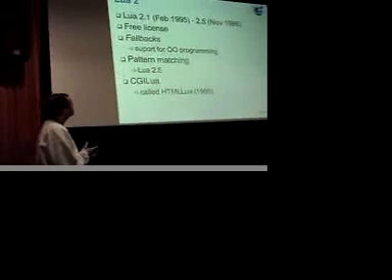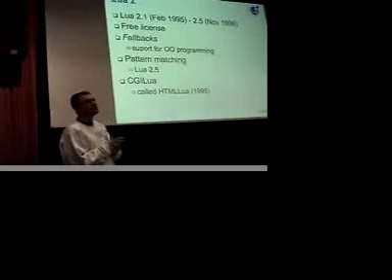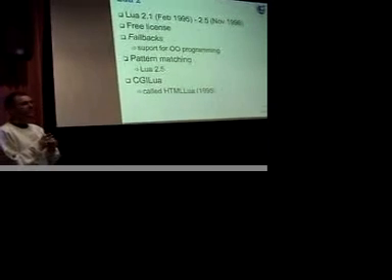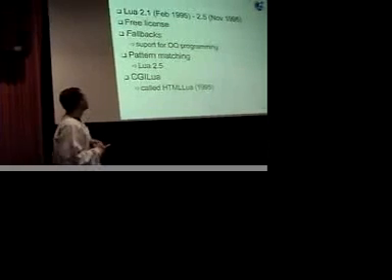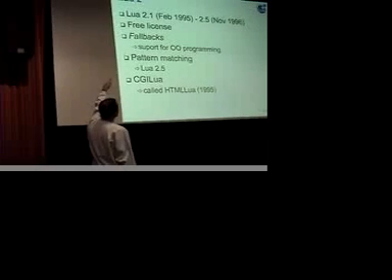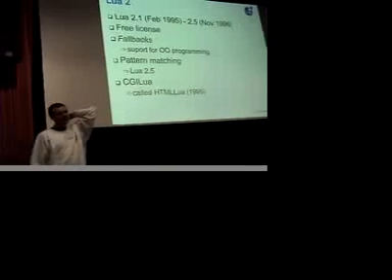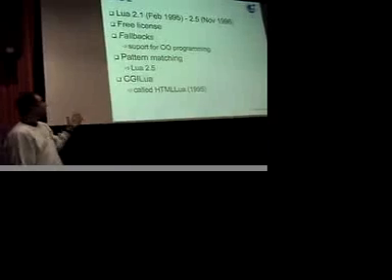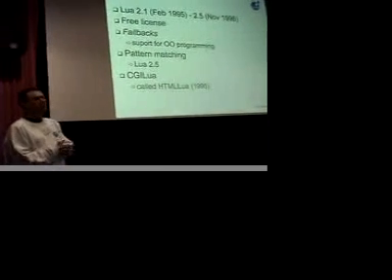Lua 2 started, and there was a long evolution: there was Lua 2.1, 2.2, there was no 2.3, I don't remember exactly why, and then 2.4 and 2.5. Lua 2.2 was a very big change in the language. At that time, a lot of people thought that the language should be object-oriented.